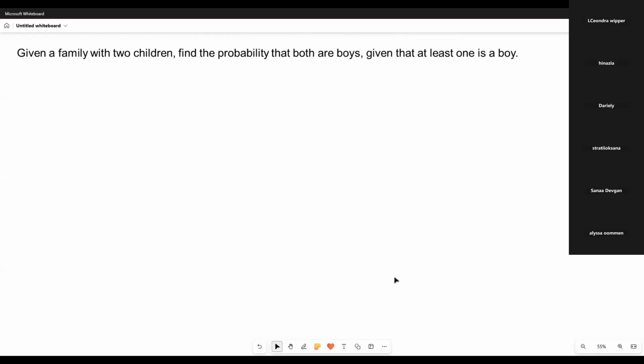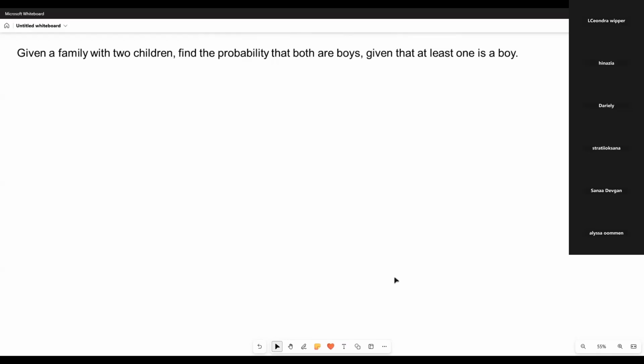Given a family with 2 children, so a couple who decide to have children, but just 2. Find the probability that both are boys, given that at least one is a boy.